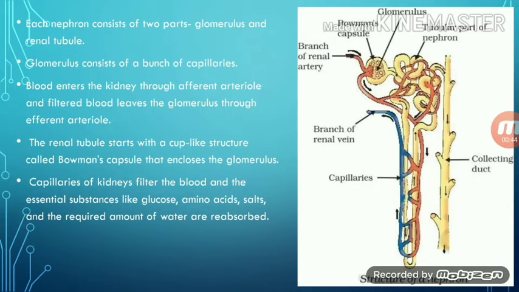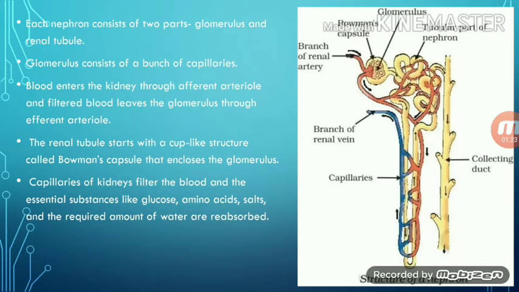Blood enters the kidney through the afferent arteriole, and filtered blood leaves the glomerulus through the efferent arteriole. So blood enters the kidney through the afferent arteriole, and after leaving the filtrate, blood will again leave through the efferent arteriole.